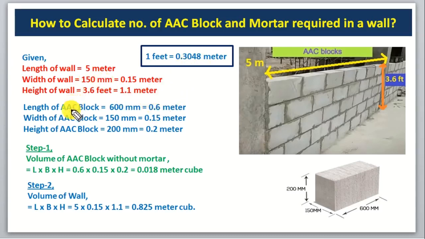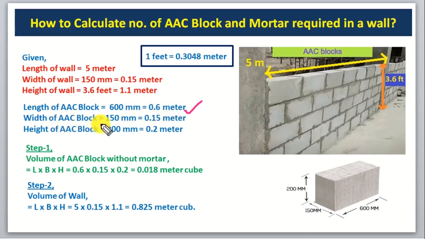Now the length, width and height of the block are also given, and we should know the dimensions of the wall and block before calculating the total number of blocks and mortar required. The length of the AAC block is 600 mm, which is 0.6 meter.